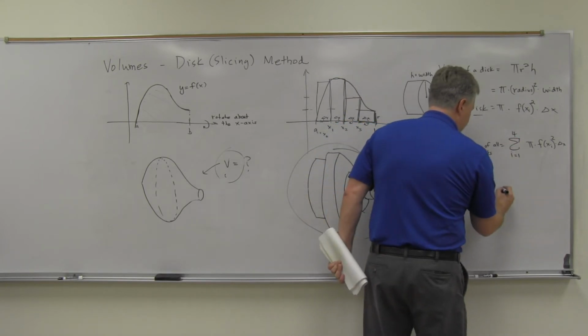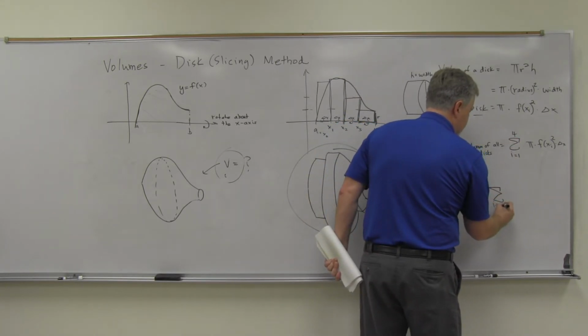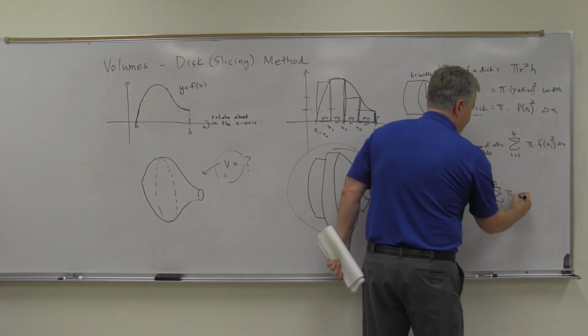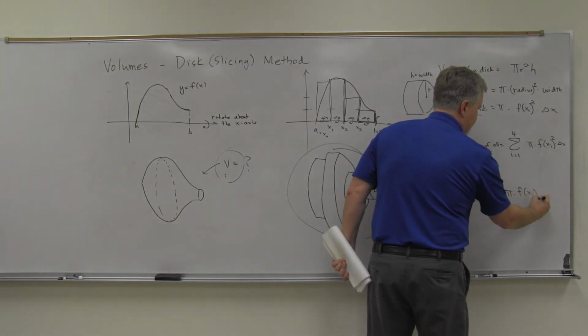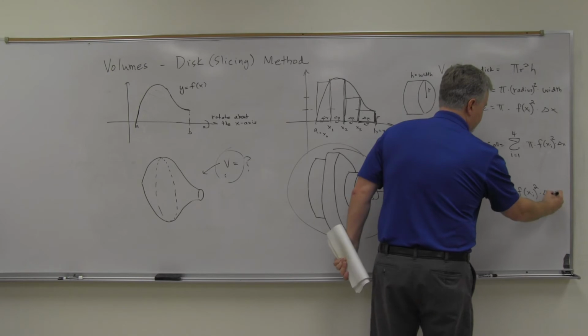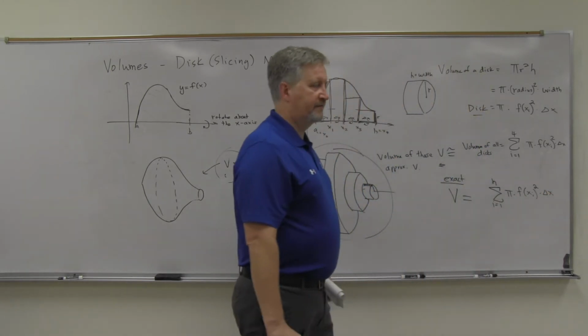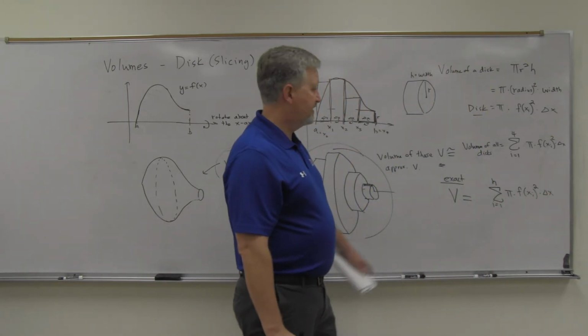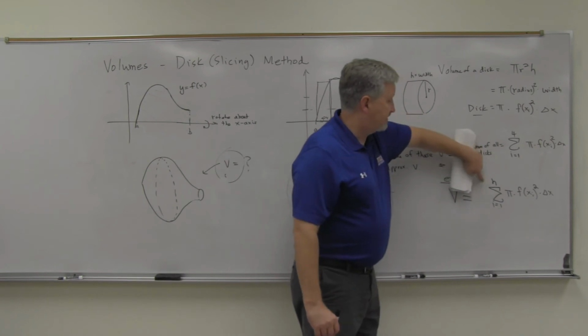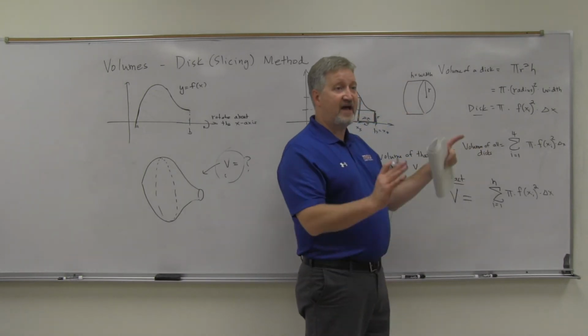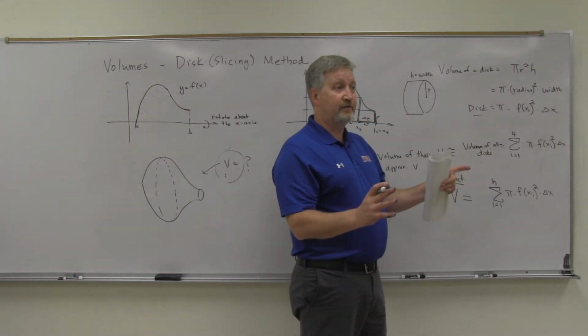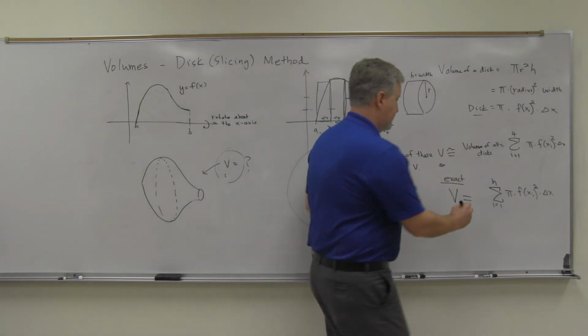Well, I would do the sum from i equals 1 to n of pi times f of x sub i squared times delta x. But that's just going to give me an approximation. To get it exact, I would do infinitely many, so I'd take the limit as n goes to infinity.